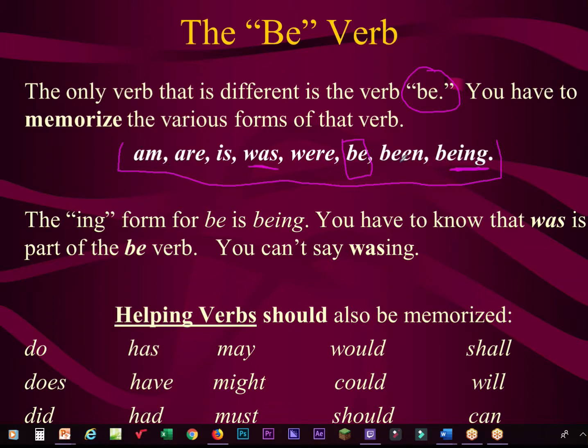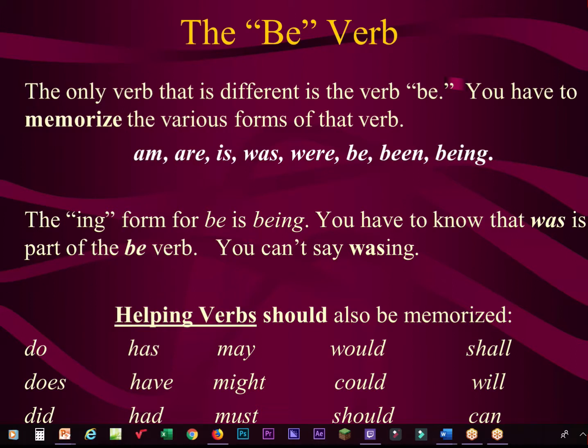But all of these are part of the "be" verb. So when I say that all forms have an "ing" form, here it is. You can't just isolate "was" and say "wasing." We don't have that. We don't have "ising," you see. So our "ing" form comes from the "being." Please be sure that you memorize that verb. Am, are, is, was, were, be, been, being.